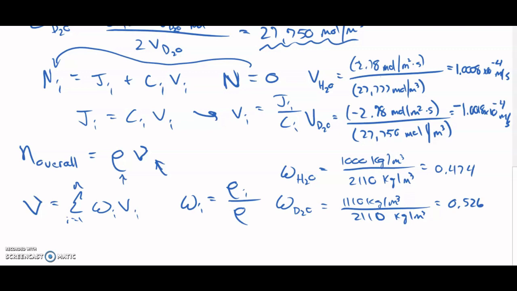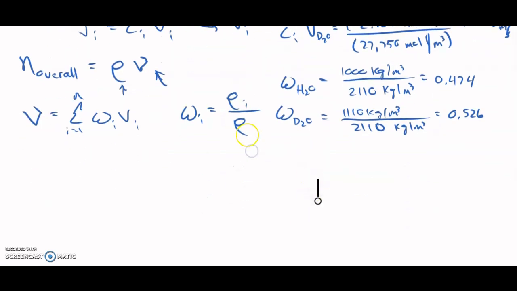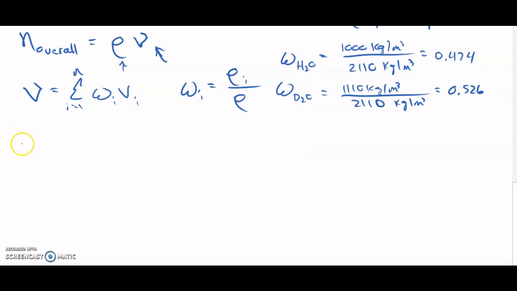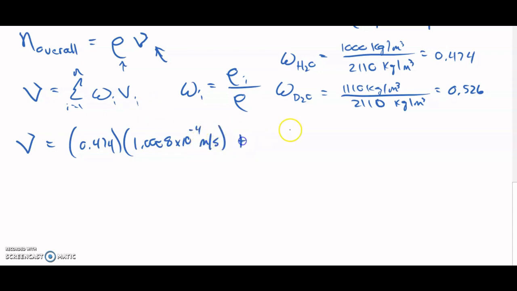And then if we want the summation of those times each individual velocity to get the mass average velocity, that would be 0.474 times 1.0008 times 10 to the negative 4 meters per second, plus 0.526 times negative 1.0018 times 10 to the negative 4 meters per second.